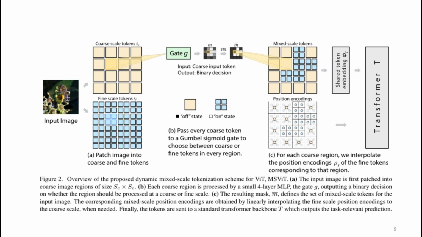For instance, regions with complex, highly detailed information are processed with smaller tokens to capture fine-grained features, while simpler regions, like a uniform background, are processed with larger tokens to save computation.